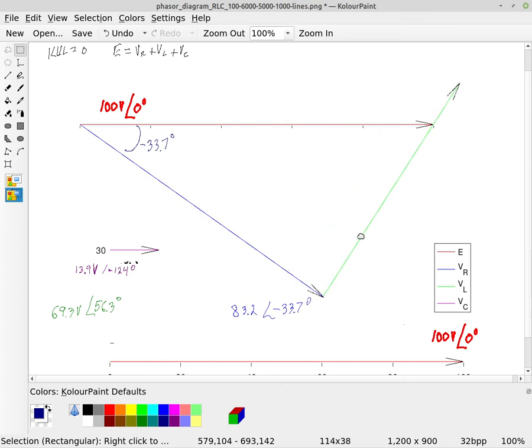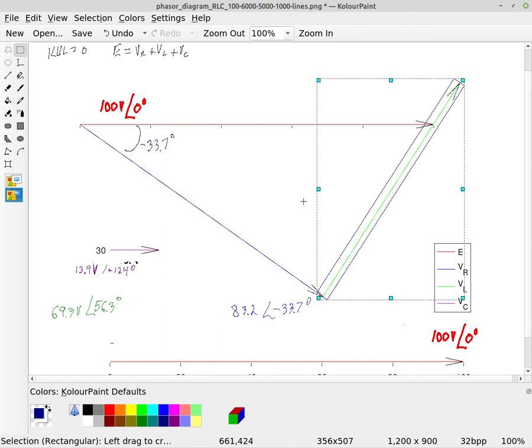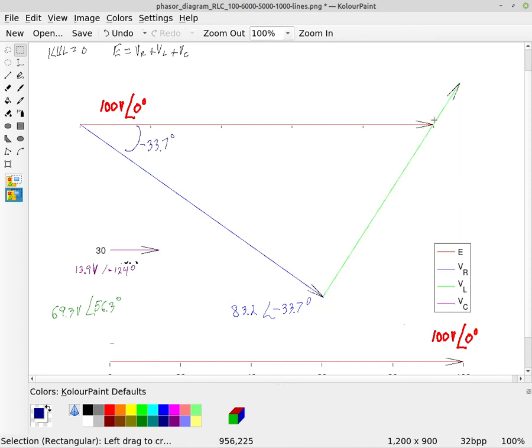Now notice what happens here is this voltage actually is touching the tip of E, but it's going beyond it. So we're adding VR. I've taken VR and VL and added those two together, and I'm out here at this tip.